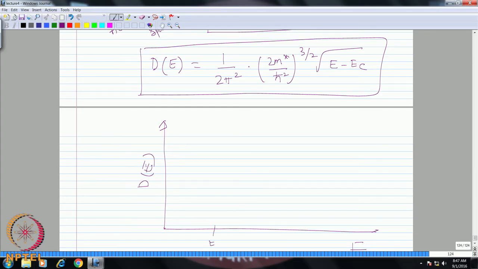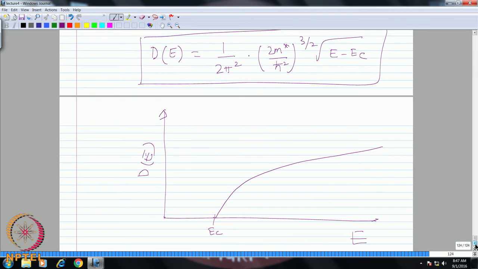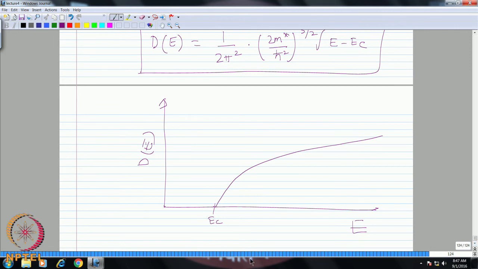The conduction band minimum will be starting at Ec. So, at E equal to Ec, what happens to the density of states? It is 0. And from there, what kind of a variation is this? Parabolic variation. So, if you draw this parabola, it is a parabolic variation because it is a square root, and about this axis you will get a parabola like this.